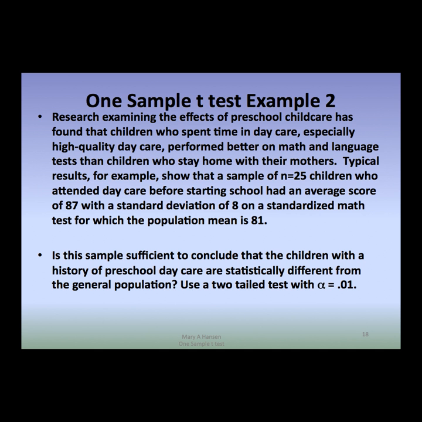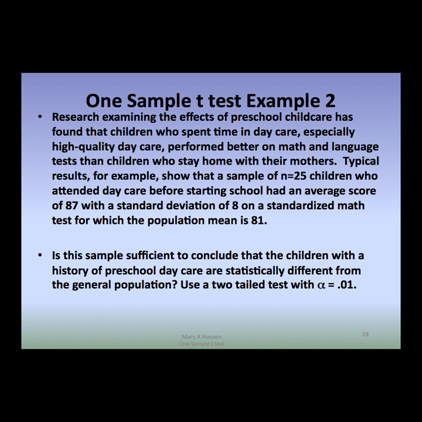The second example is, research examining the effects of preschool childcare has found that children who spent time in daycare, especially high-quality daycare, performed better on math and language tests than children who stay home with their mothers.